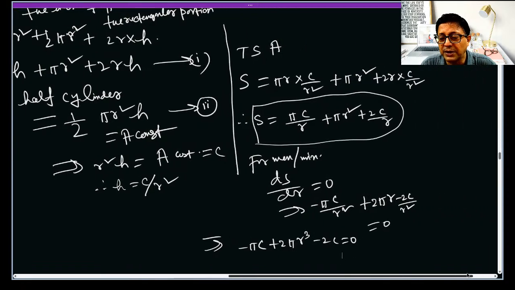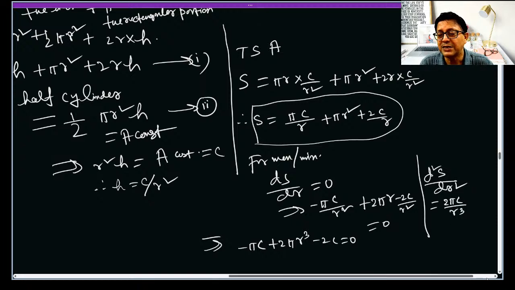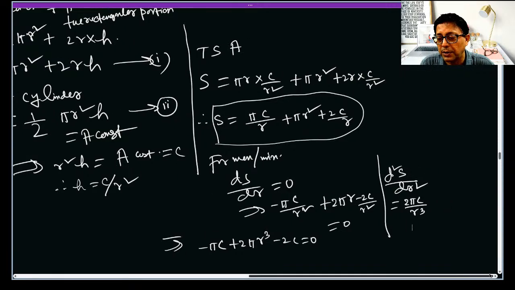Now let us complete the second order derivative part also here. d square S by dr square is what? 2 pi C by r cube plus 2 pi plus 4C by r cube, greater than 0.